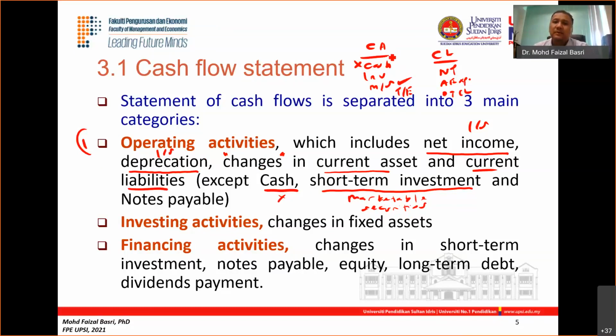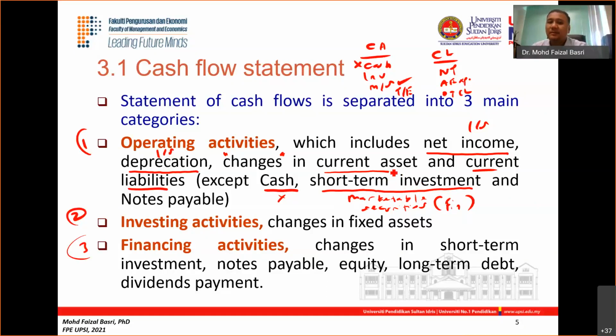But we will not record it under operating activities. This, however, will be recorded in the financing activity, the third category. Meaning we don't exclude it, we just put it in a different category.